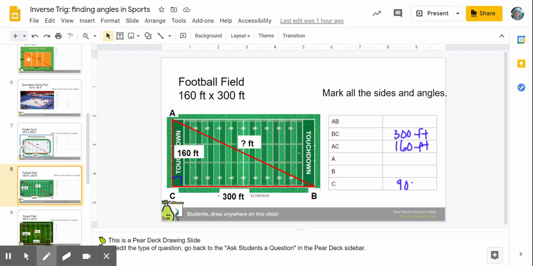Okay. So we can definitely find that third side. I think that makes perfect sense because it should be bigger than 300, right?